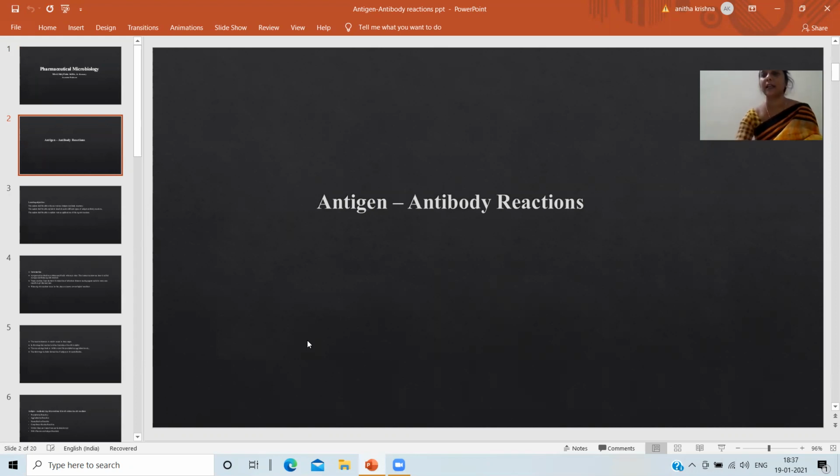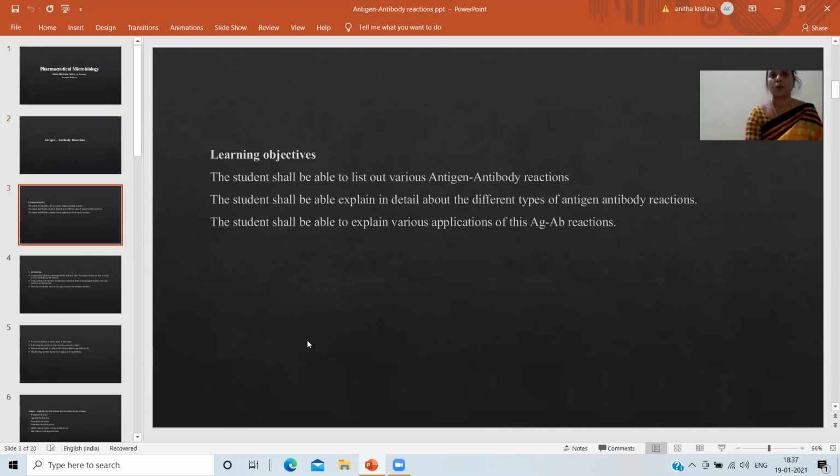So let us see what are the different antigen antibody reactions in the present class. Before entering into the topic, let us learn about the learning objectives. By the end of this topic, the student shall be able to list out the various types of antigen antibody reactions. At the same time, the student shall be able to explain the different antigen antibody reactions.